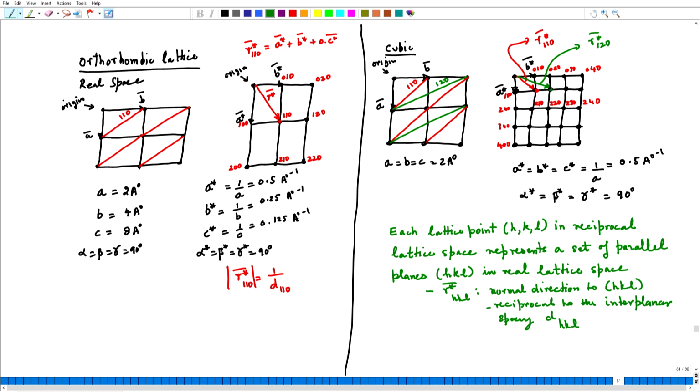So, reciprocal lattice is giving us a lot of information in a very simple diagram as a set of points.